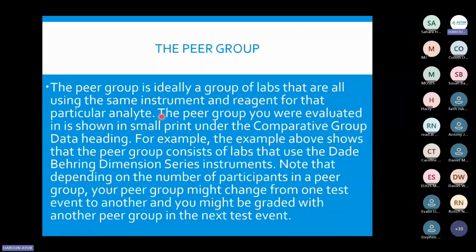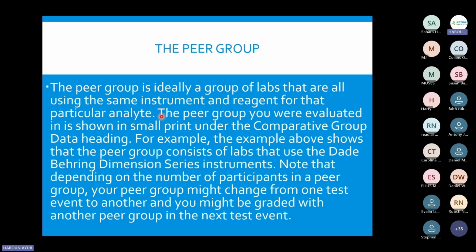So the peer groups you are evaluated in are shown by a small print under the comparative group data heading. You'll be able to see I, G, R, M, etc. So a peer group consists of labs that use, let's say, the same Beckman Dimension series instrument.